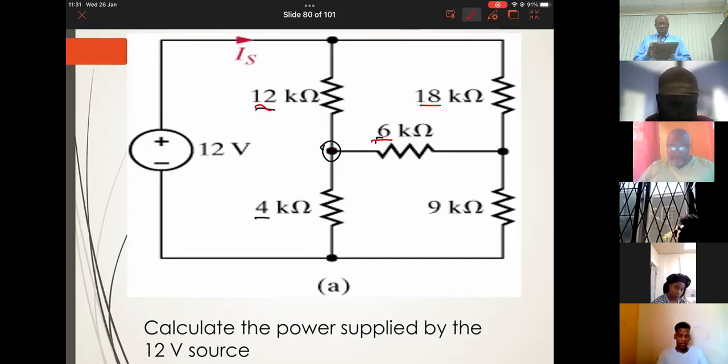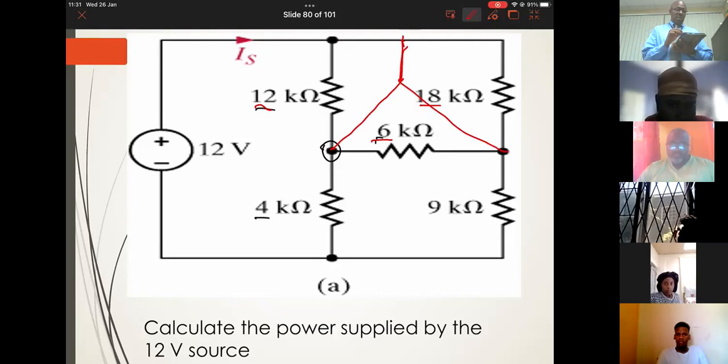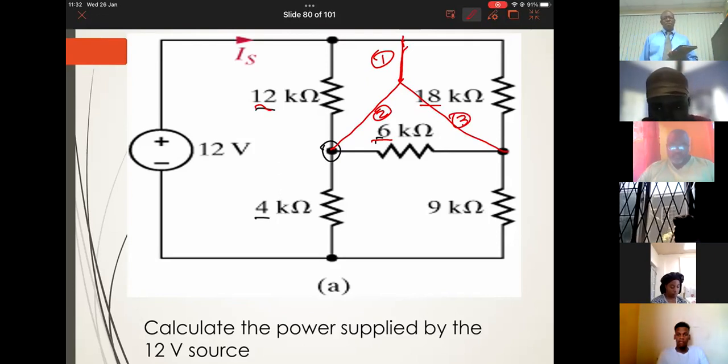So we have those connected. We just do that. So that will be the connection for my star network. All right. And I'm going to call this 1, 2, 3.